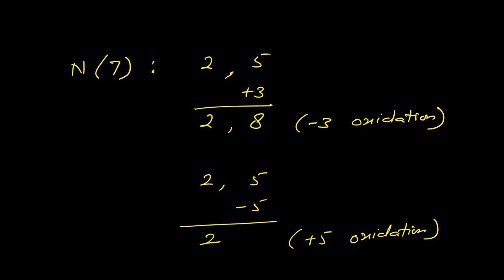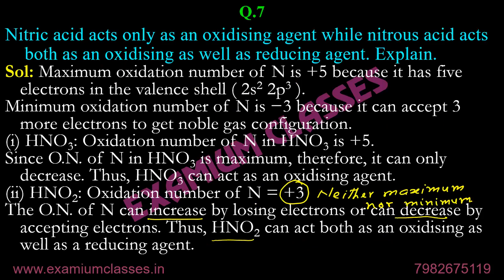If it is in between, there is a possibility that it can get oxidized or reduced, which is the case of HNO2. If you have any confusion, I would suggest that you write the answer and then it will be clear to you.